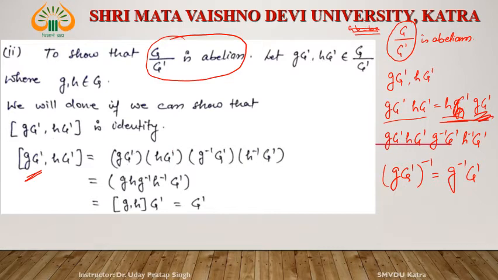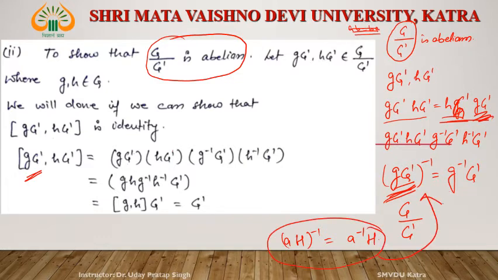Why? Since in the coset aH, the inverse is a inverse H. This is an element of G by G prime, that is, nothing but a coset. So the inverse of a coset is the inverse of the element times G prime, just like this one. So gG prime, hG prime, and the inverse of the first one.